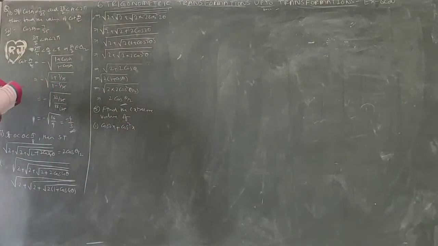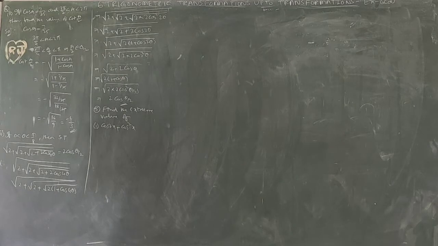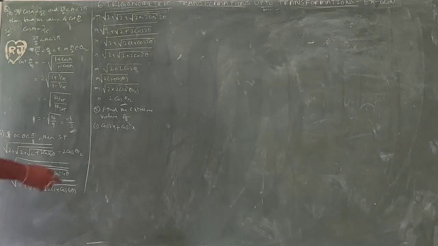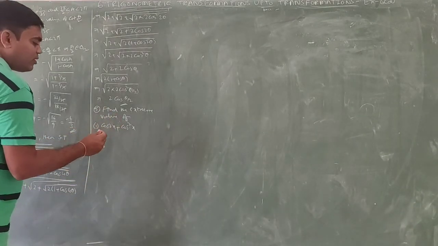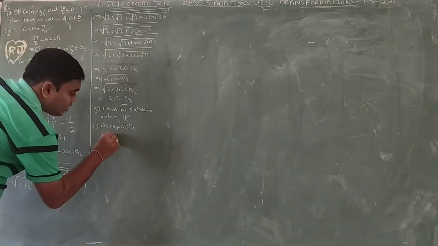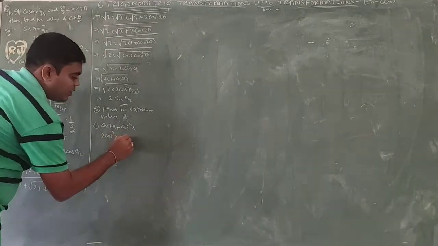So we need to find the extreme values of cos 2x plus cos square x. Second, 3 sin square x plus 5 cos square x. Okay. So cos 2x, I want to write in the formula cos square: 2 cos square x minus 1 plus cos square x.